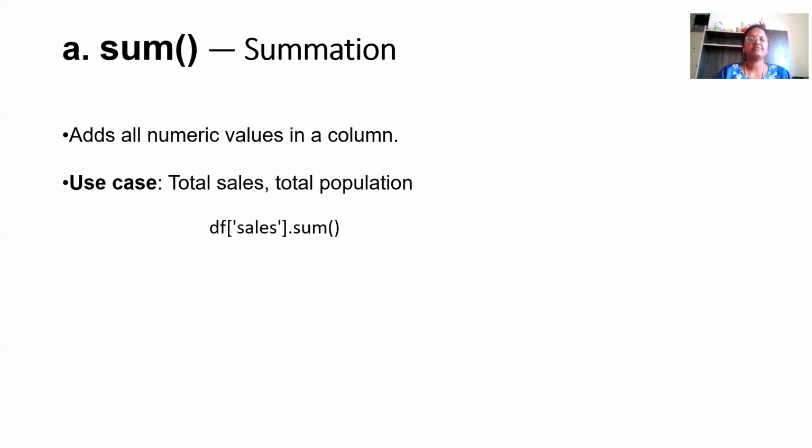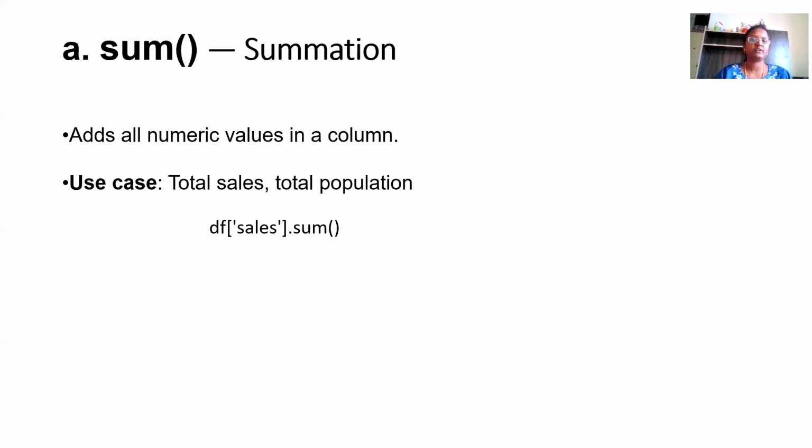The first aggregate function is summation. Here we can add all numeric values in a column. Again, I'll remind you that the keyword aggregation is nothing but grouping. So we perform grouping operations in data analysis steps, which is called an aggregate function. In the summation aggregate function, we are adding all numeric values in a column.